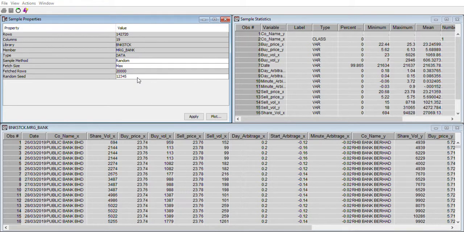So here we choose line for the line plot, and then we choose the buy price. We are going to look at the correlation between the buy price and the sell price of the stocks, and how it varies through the day.